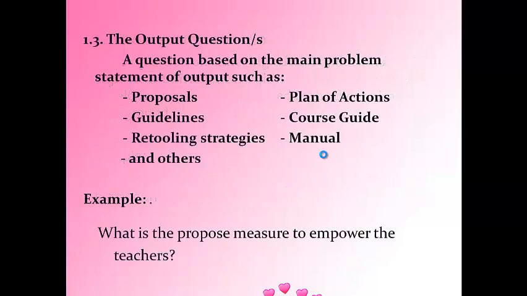Then the output question is a question based on the main problem statement of output, such as proposal, guidelines, retooling strategies, plan of actions, course guide, manual, training plan, and many others. Example: what is the proposed measure to empower the teachers?